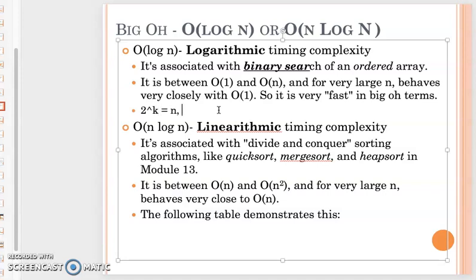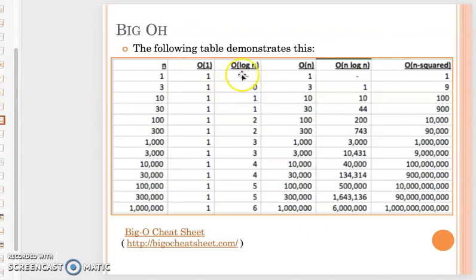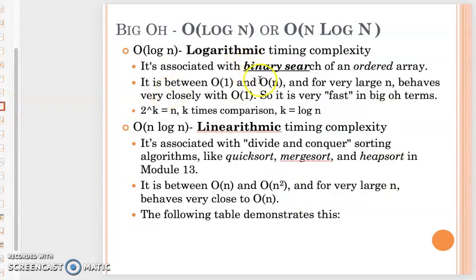That's why we only need to do k comparisons. This k will equal log n. The base of the log is 2, not 10. So that's where our log n runtime came from. The log n runtime is the binary search.